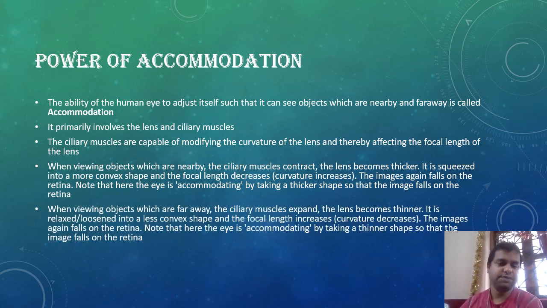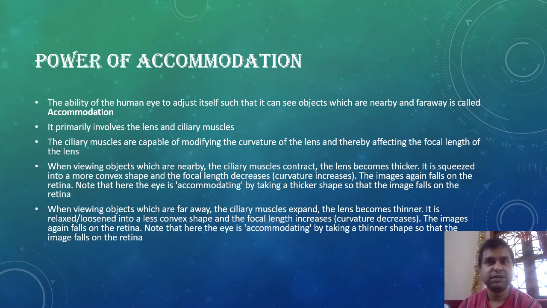So when viewing objects that are far away, the ciliary muscles expand, to allow more light to pass through. Only if more light is allowed to pass through will we be able to see objects which are far, far away. The lens is relaxed into a less convex shape, and the focal length thereby increases. Curvature as a result decreases. The image once again falls on the retina.